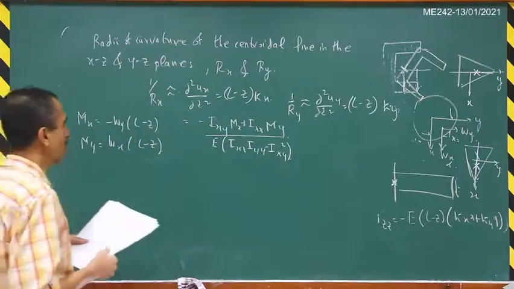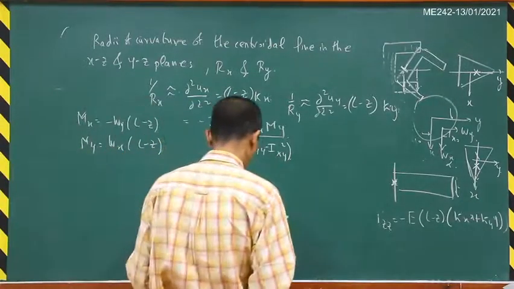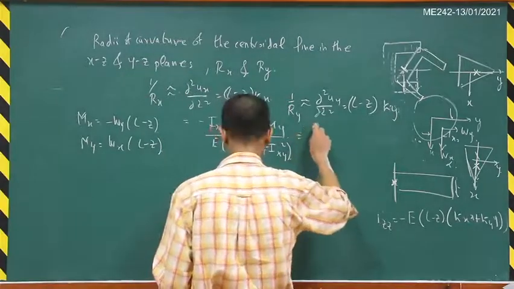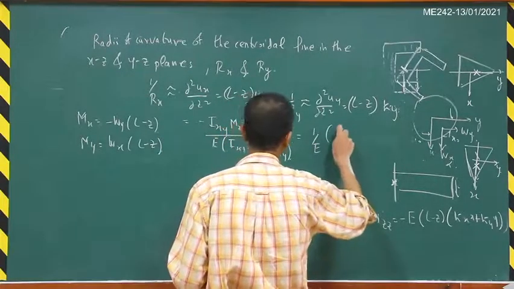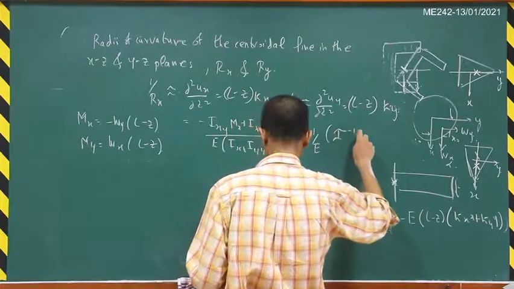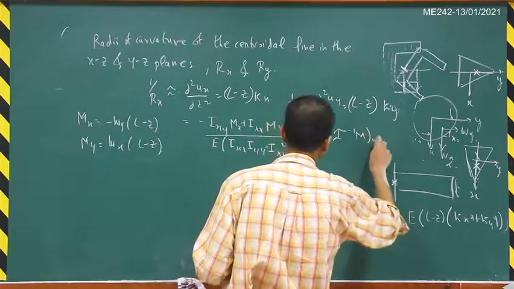Okay, so this is the expression that you get, and you can simplify this as 1 by E times I inverse times M, the y component of that.